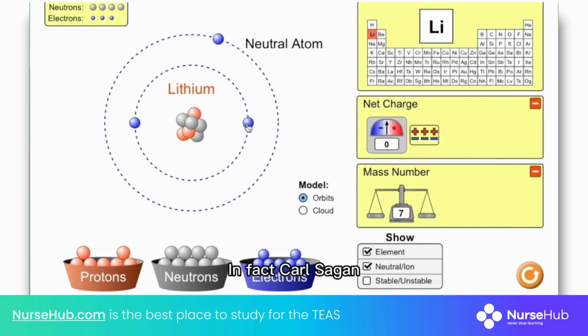In fact, Carl Sagan, the famous scientist, you may have heard of him before, said atoms are mainly empty space. Matter is composed chiefly of nothing. That's crazy to think about. So in reality, the nucleus is actually very, very, very, very small, and the distance between the nucleus and the first electron is absurdly huge.